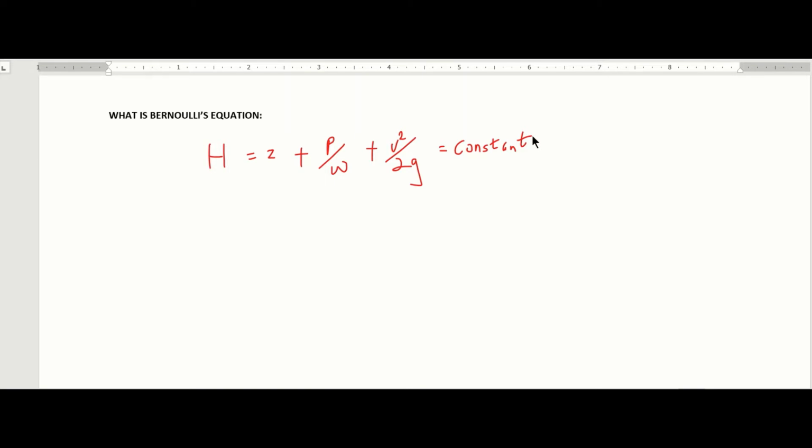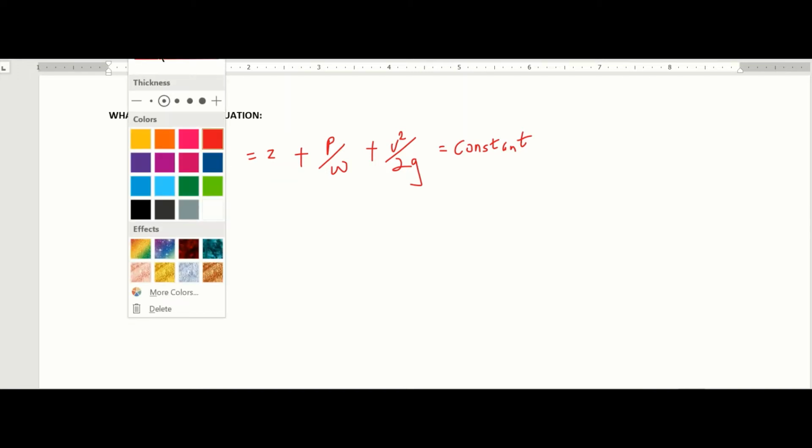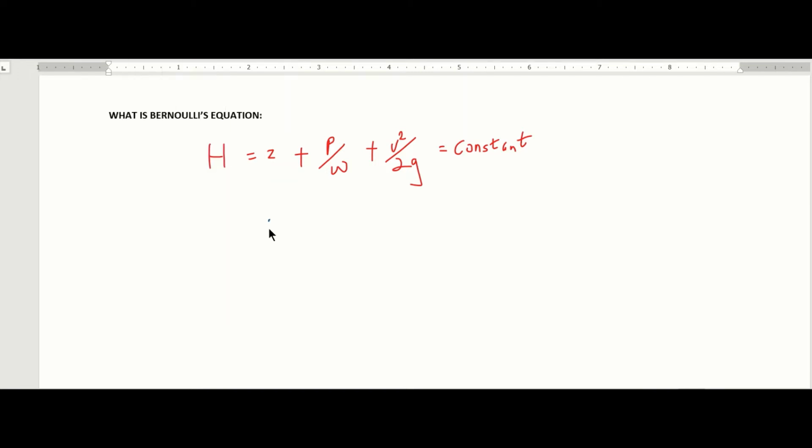Also, I want us to note that if a fluid enters a pipe from a point, let's say point 1, and leaves that system from point 2, we can also use Bernoulli's equation to analyze that fluid. So that means that the total energy at the point of entry is equal to the energy at the point of exit.